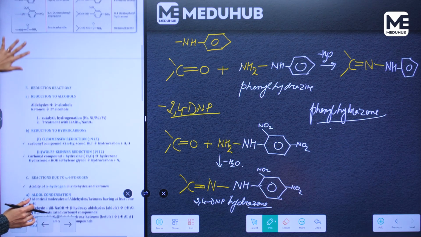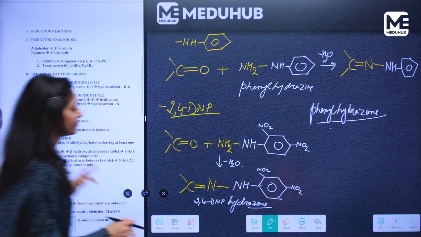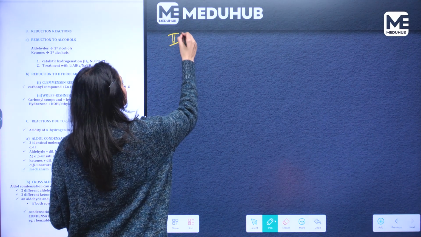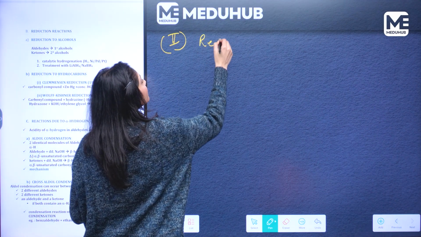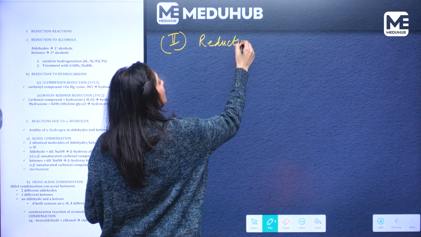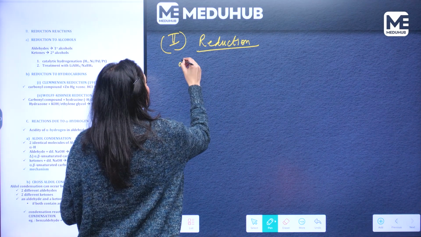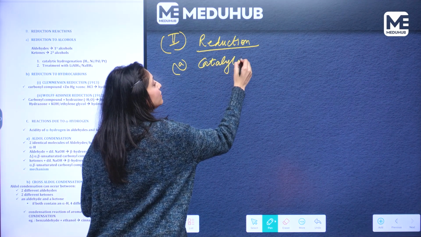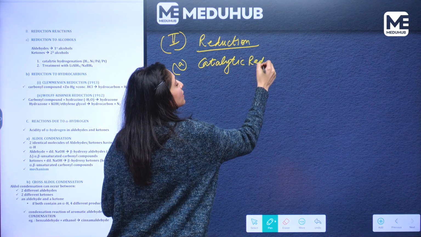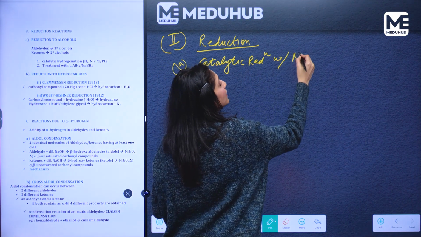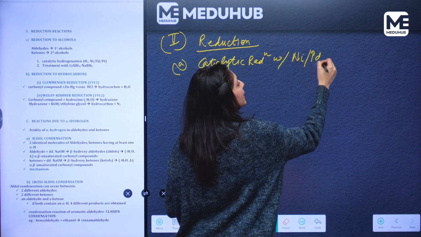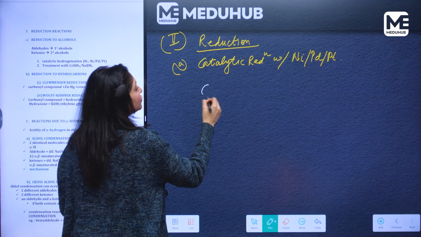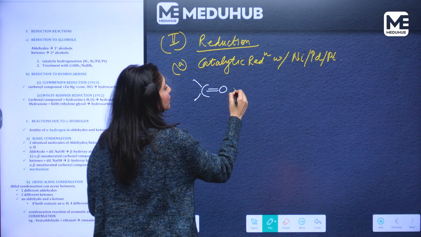The next reaction is reduction reaction. Reduction reactions are also given by both aldehydes and ketones. The first one is reduction, that is catalytic reduction with nickel, palladium or platinum catalyst. So this would be addition of hydrogen.